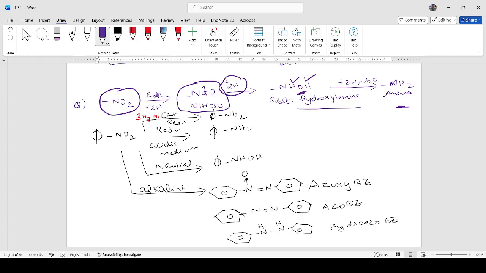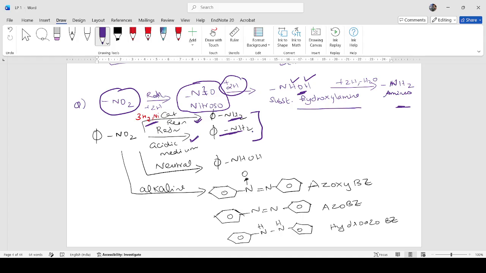So when I'm doing it in a catalytic reduction, that means in the presence of hydrogen and nickel, nitro gives you amines. If I'm doing the reduction in acidic medium, then also it provides you amines. So we can understand catalytic reduction and acidic reduction give amines only.